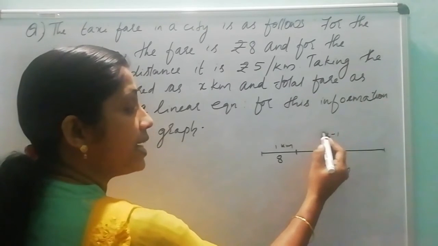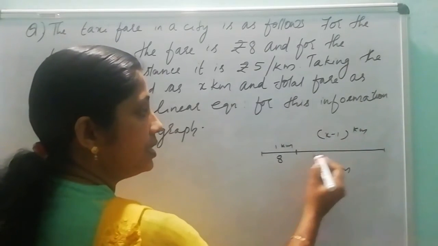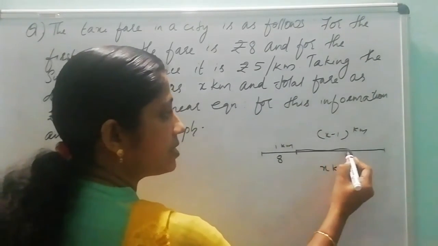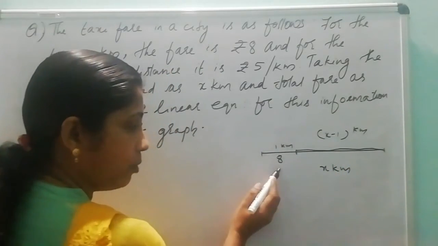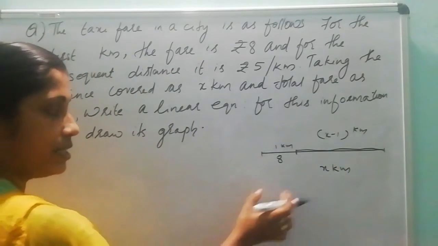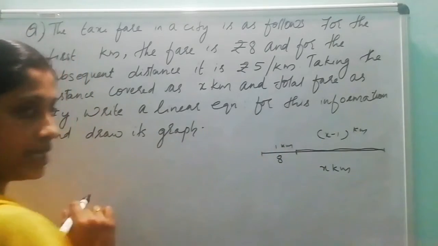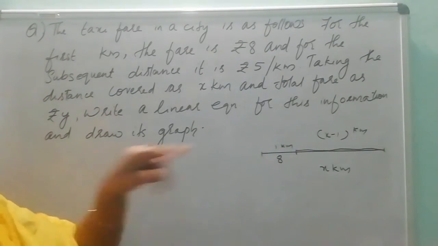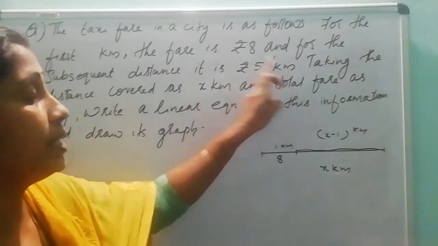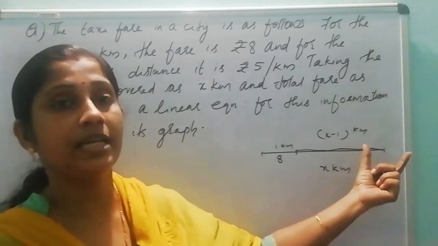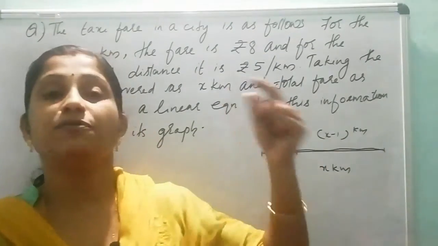It is x minus 1 kilometers, at rupees 5 per kilometer.